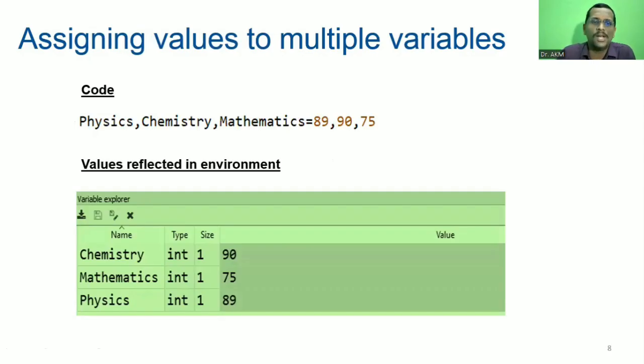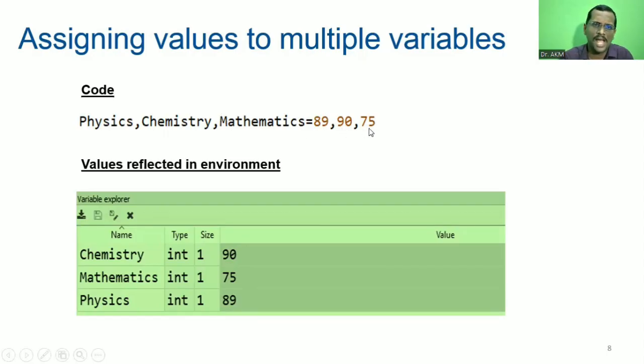Assigning values to multiple variables. If you want to assign values to multiple variables, for example physics, chemistry, mathematics is equal to 89, 90, 75, it automatically understands that physics is 89, chemistry is 90, and mathematics is 75.